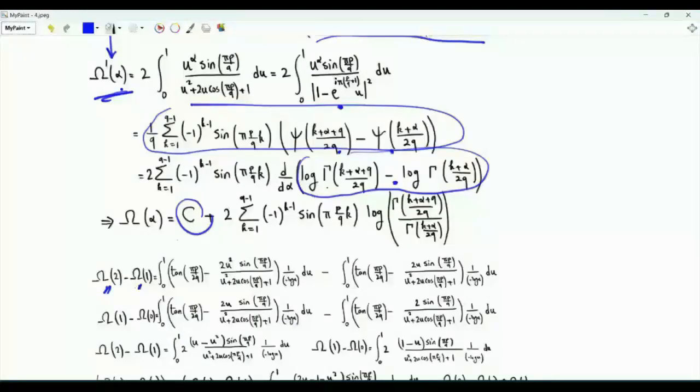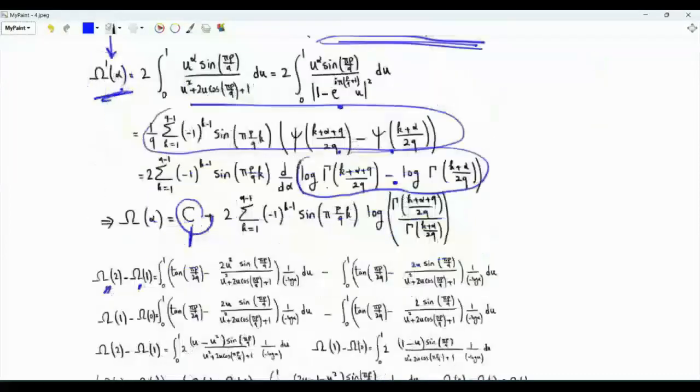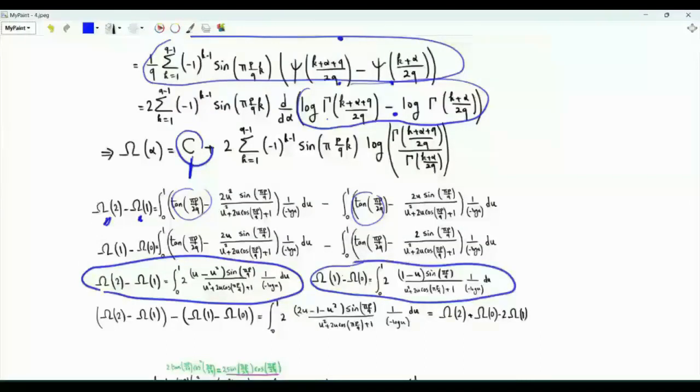If we compute the difference between two omegas, this constant goes away. We can use this integral representation and write down omega 2 minus omega 1. When we do this, this part of the integrand goes away, and we have this integral representation. If we do omega 1 minus omega 0, we get this integral.